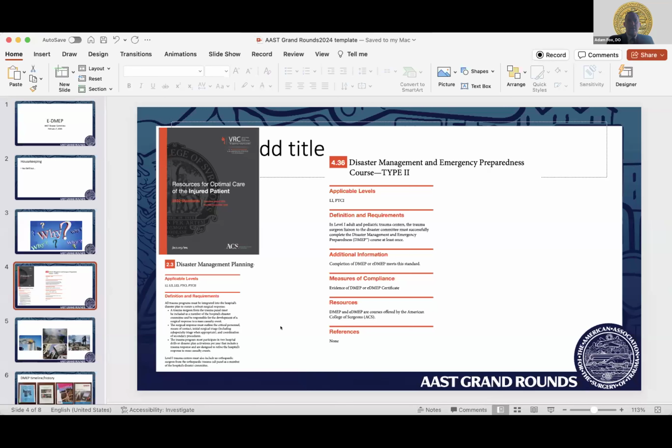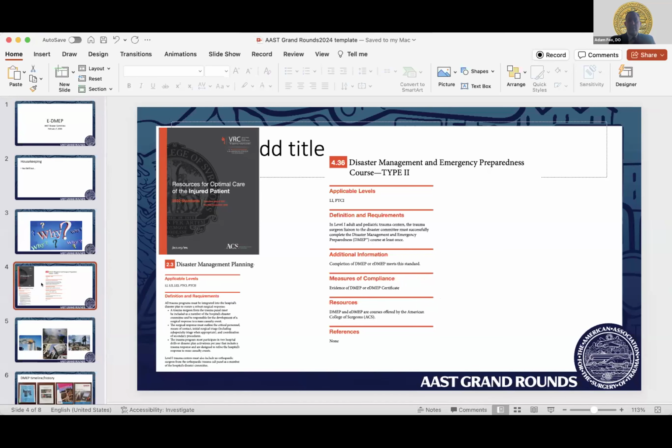But now in section 4.36, you can see here that the disaster management and emergency preparedness course is a type 2 variable for verification. What they want is that at level 1 adult and pediatric trauma centers, the trauma surgeons on the disaster committee have to take the DMEP course or the E-DMEP course.